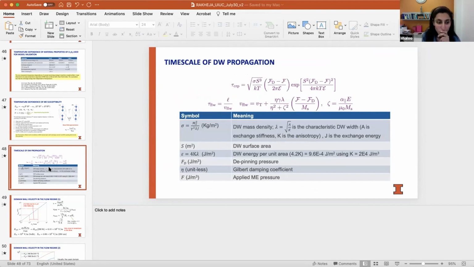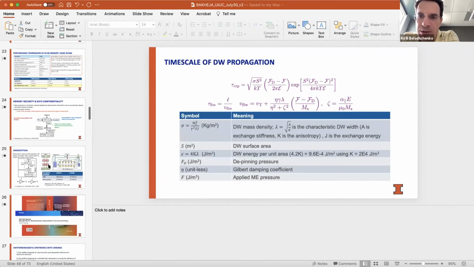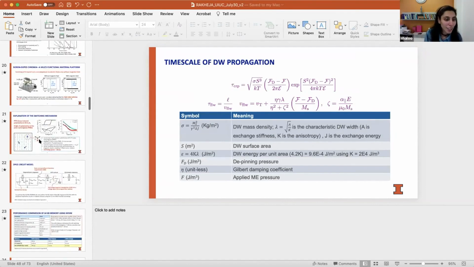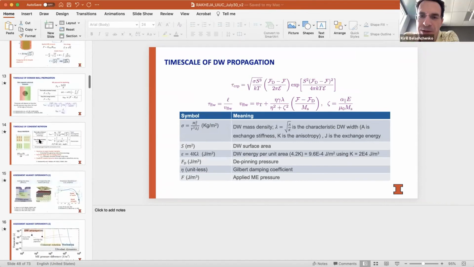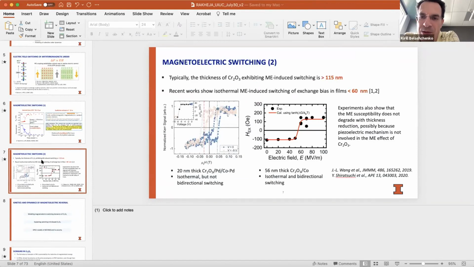Let me ask you, you mentioned that in some experiments or in some samples, the switching can only occur in one direction, that it's not bidirectional. So why is that? Is that because you can expel the domain walls, but then you cannot nucleate them back, or is there something else?